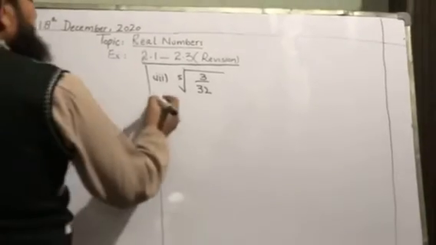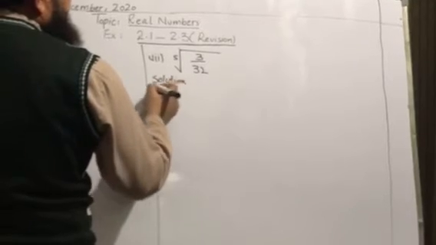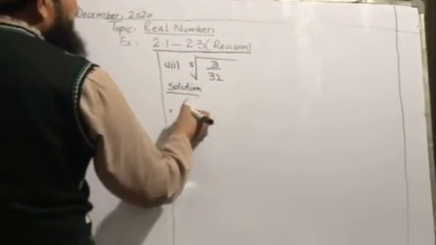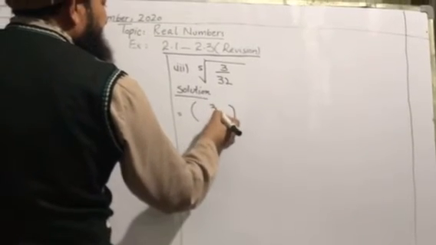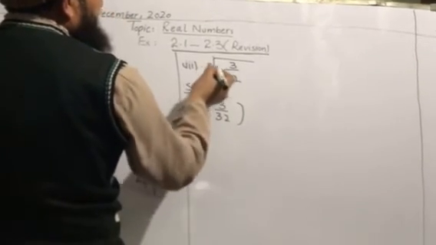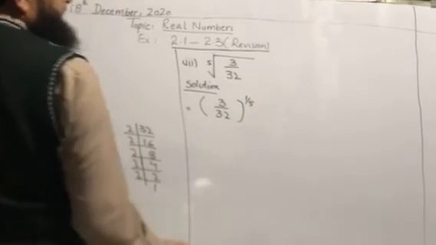In the solution, we will simplify this radical notation. First of all, we will convert it into exponential notation by putting parentheses, and we write 3 by 32, and then we write the index as an exponent, which becomes 1 over 5.